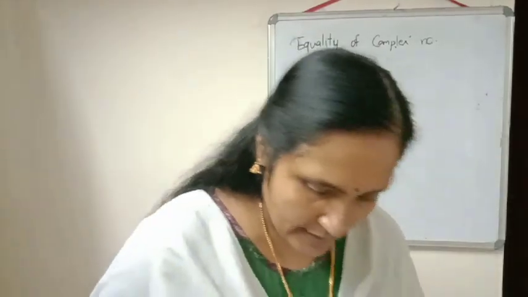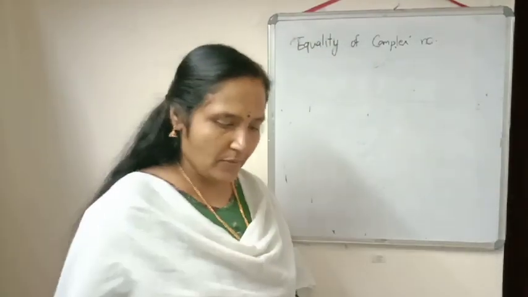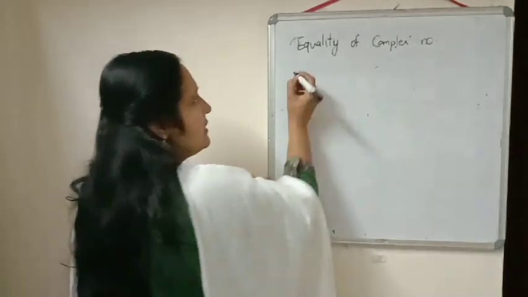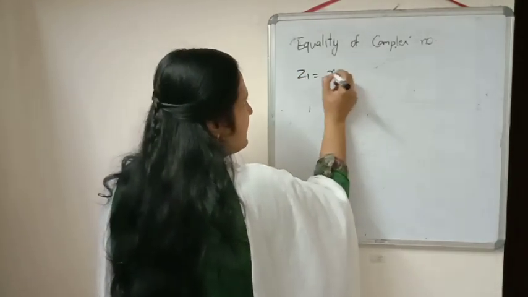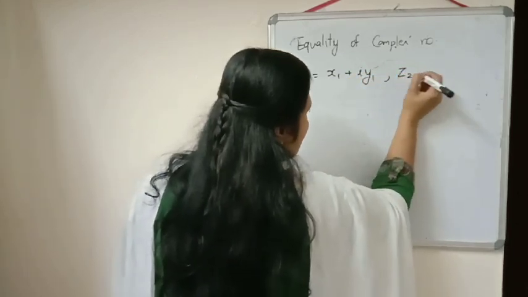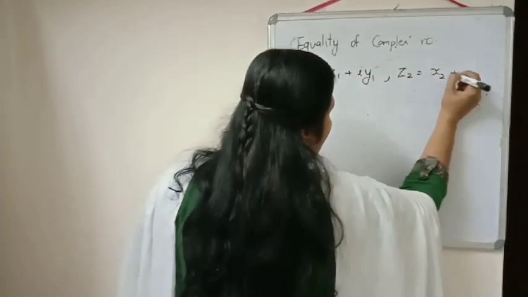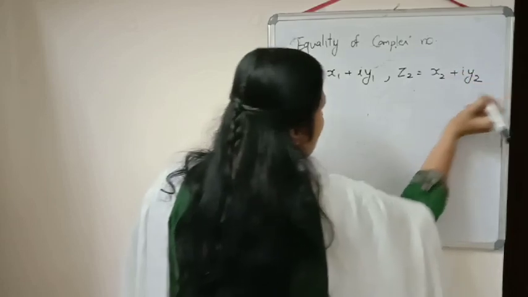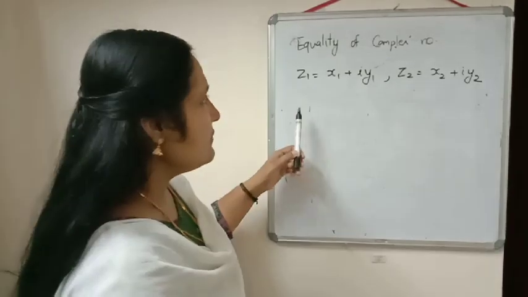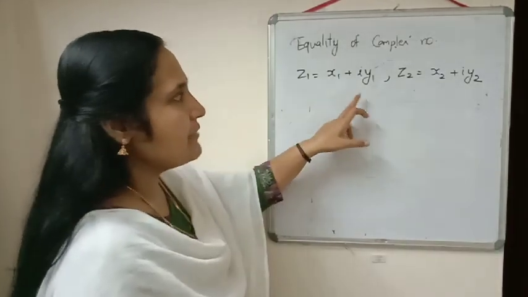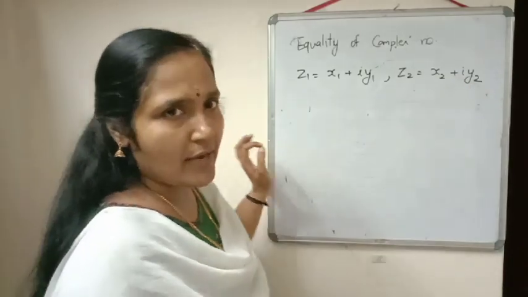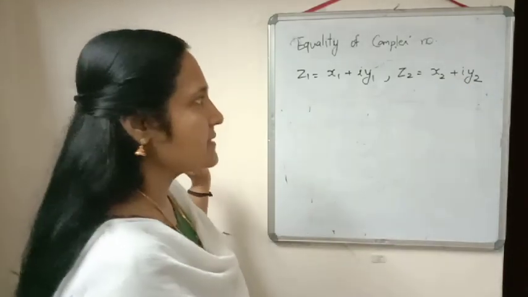Let z1 is equal to x1 plus iy1 and z2 is equal to x2 plus iy2 are two complex numbers.